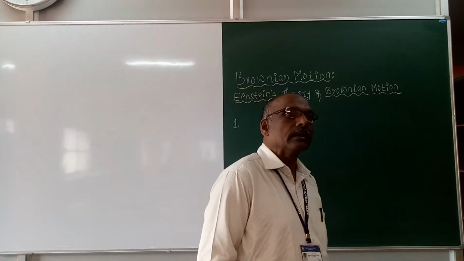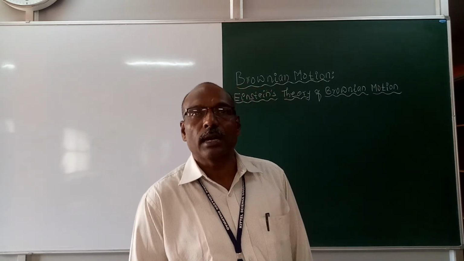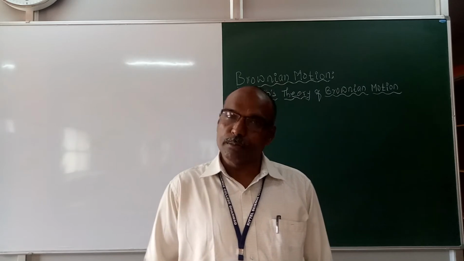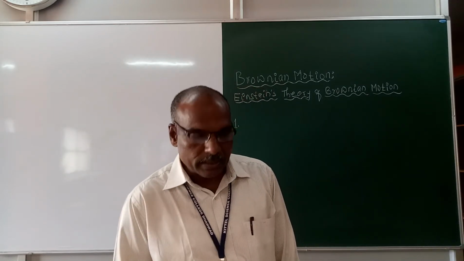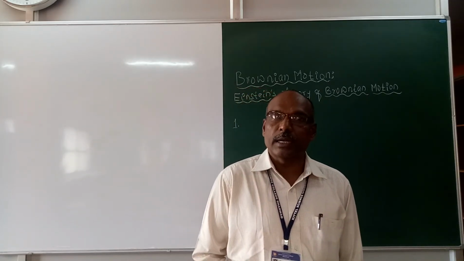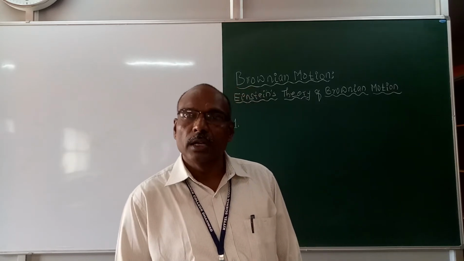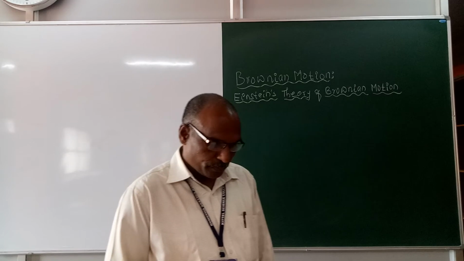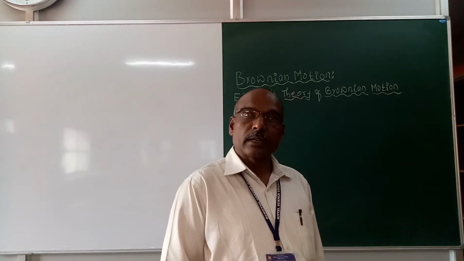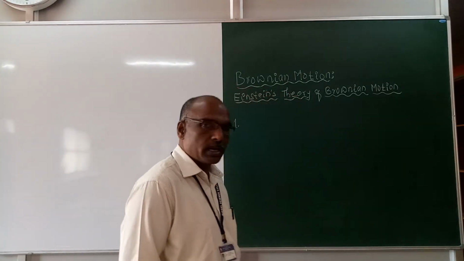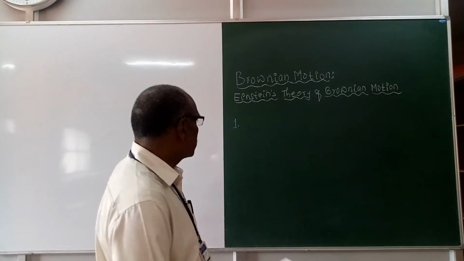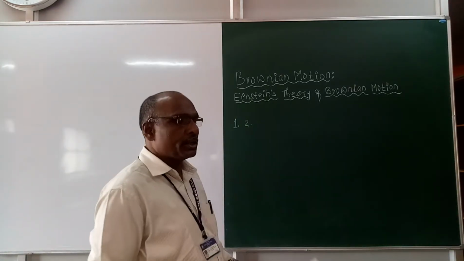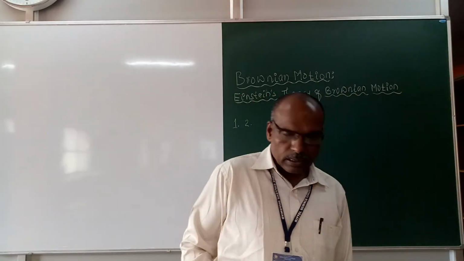No two particles can execute the same type of motion. It's impossible. This is one of the features of Brownian motion. Motion is continuous and takes place forever. This is another feature.